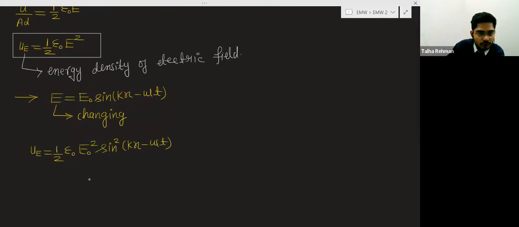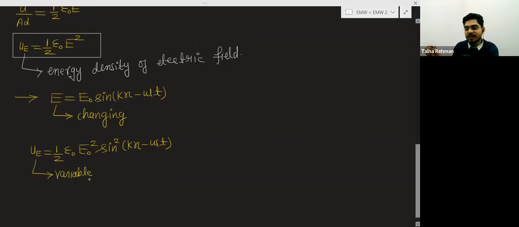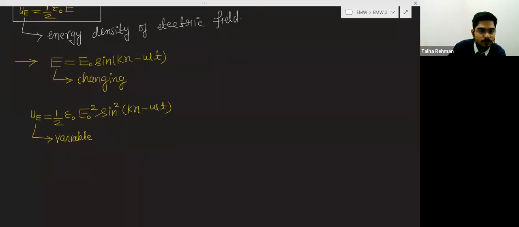Now this energy density of the electric field is variable, changing with time. So for a variable quantity, we calculate the average value. We will calculate the average value of the energy density of the electric field.